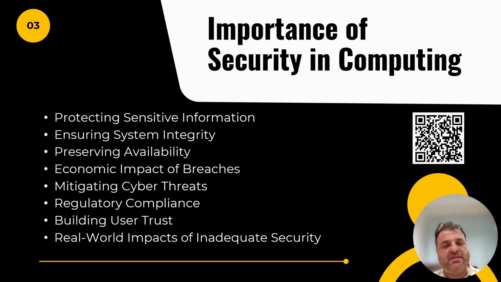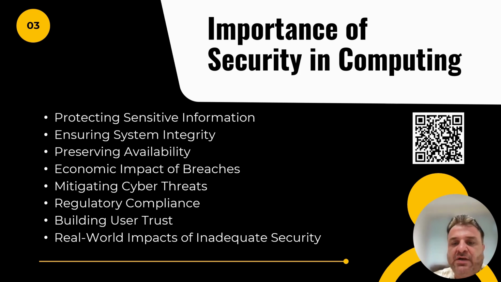The third one is availability. What does it mean? Availability means that we must ensure that authorized users, anytime and anywhere, can access the system and data whenever they need it.